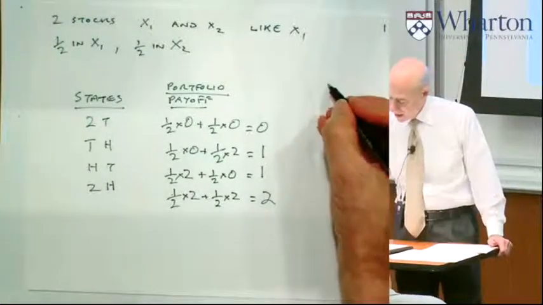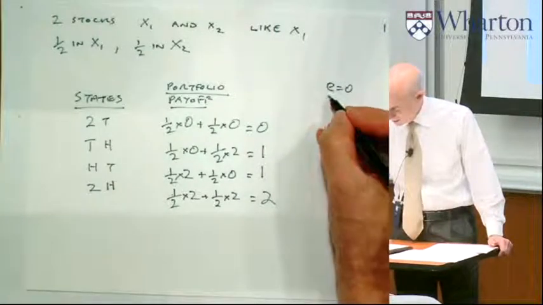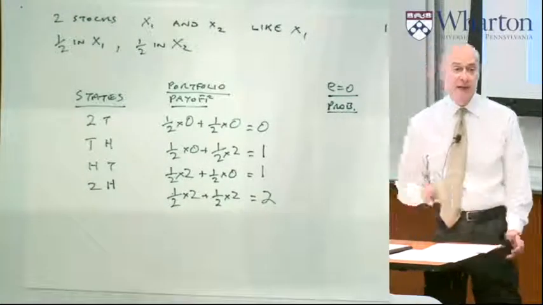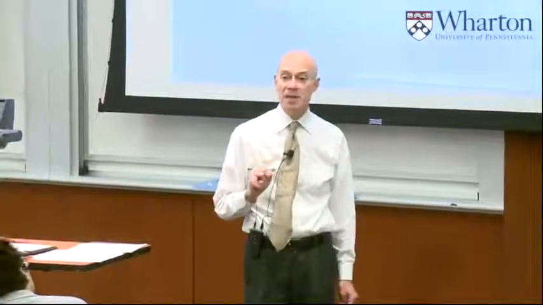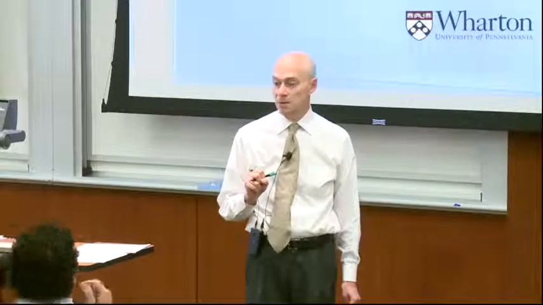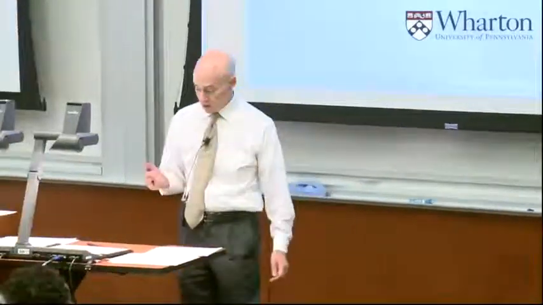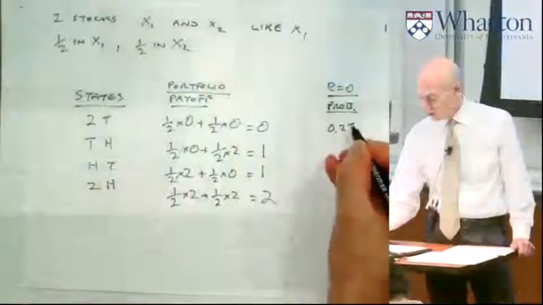Let's start out with a case where we have 0 correlation. In that case, what's the probability? Okay, we've got independent coins, so 0 correlation. What's the probability of each of the 4 states? If you toss two independent coins, it's going to be a half times a half, which is a quarter.